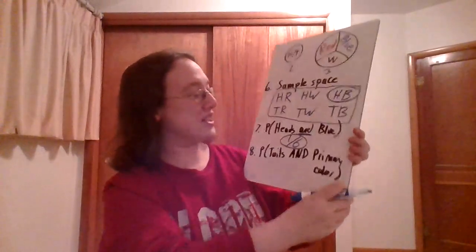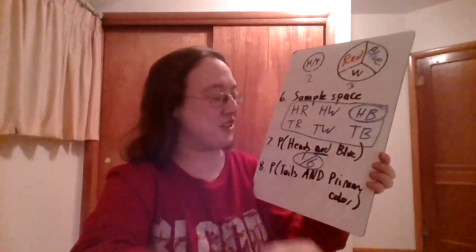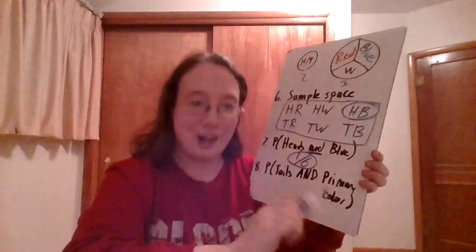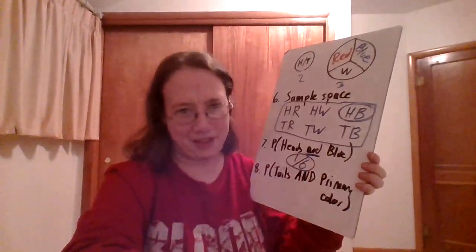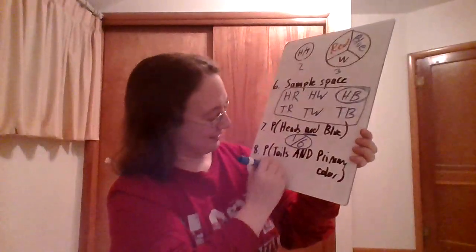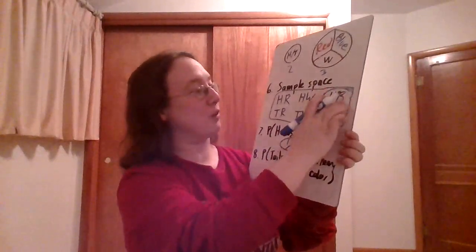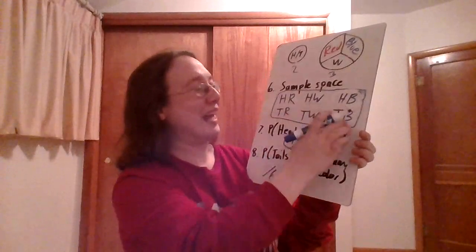Okay, and now I want tails and a primary color, and I'm pretty sure I jotted down on the sheet that primary colors, if you don't remember from like elementary school, are red and blue and yellow. I don't want that being the reason you get this wrong, so those are primary colors. Okay. So we want tails and a primary color. So again, we're looking up at this stuff and we want the ones that are tails and a primary color.